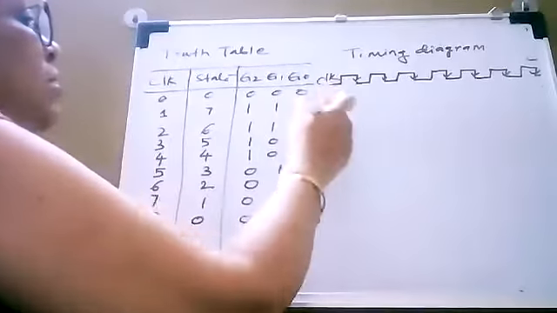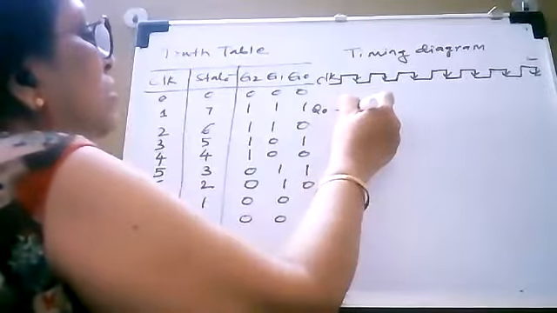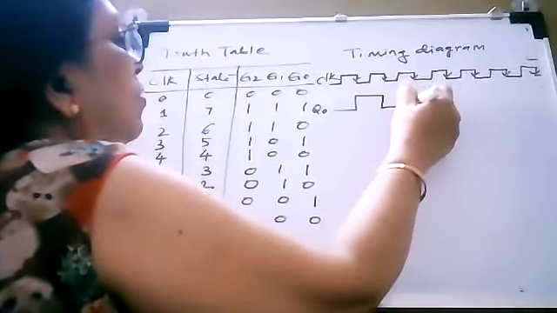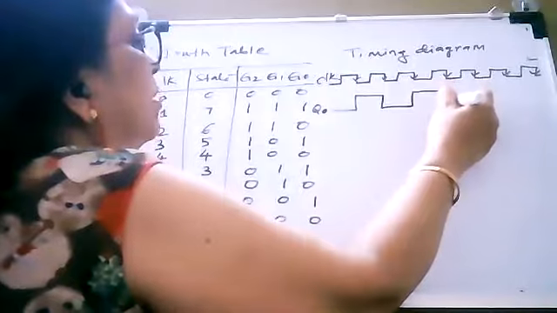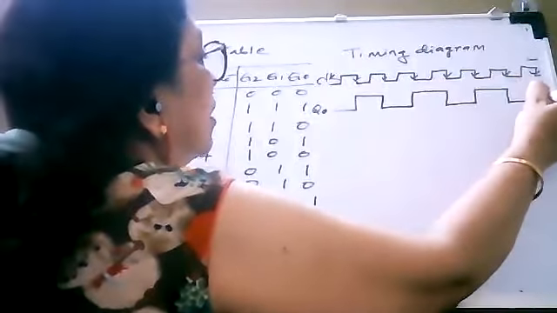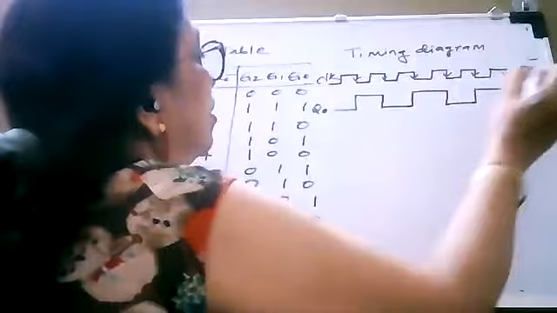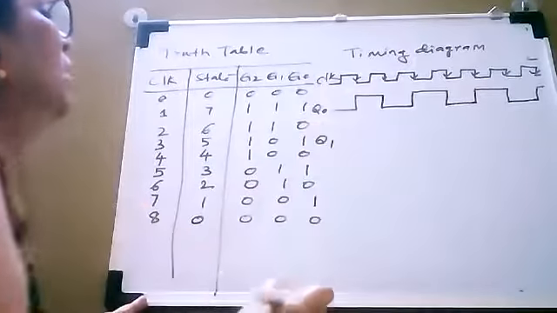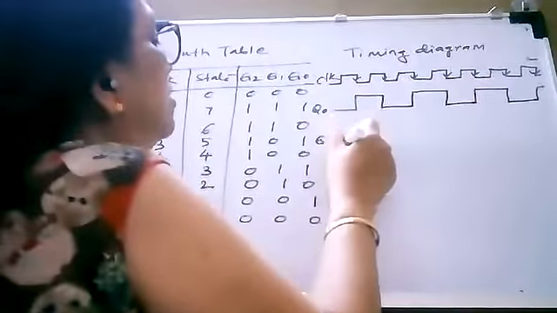So this is your clock. Q0 will be 0 and 0. So 0, then it becomes 1. Again it will be 0. Again it will be 1. Again it will be 0. Again it will be 1. Again it will be 0. Like this. And what about Q1?